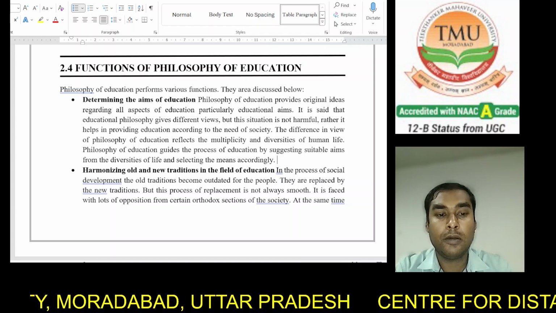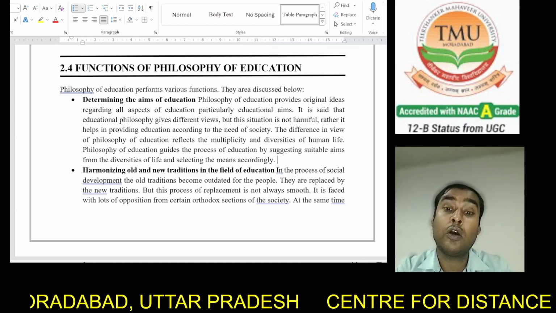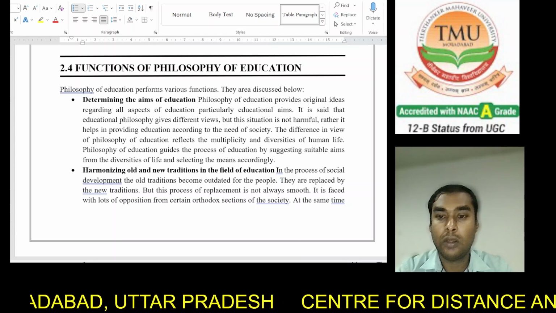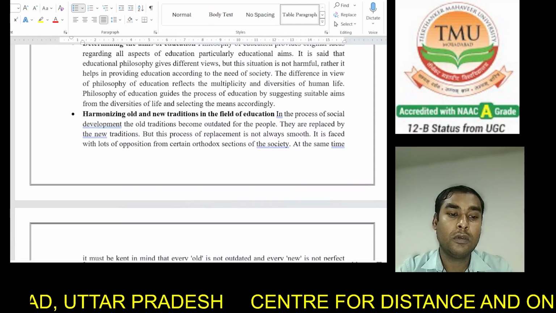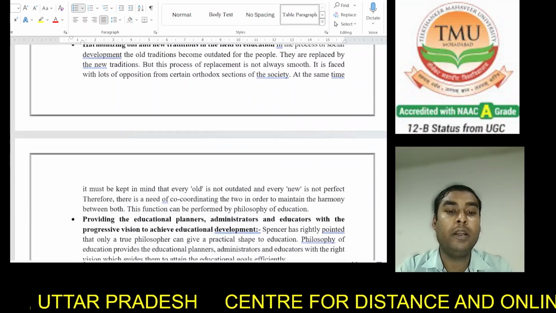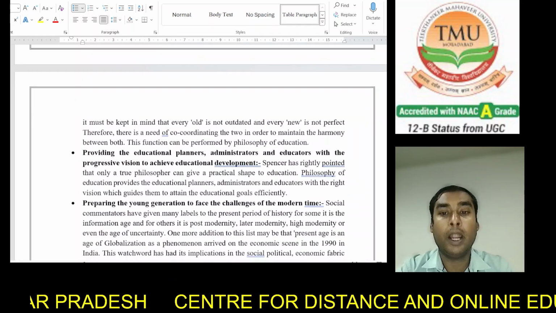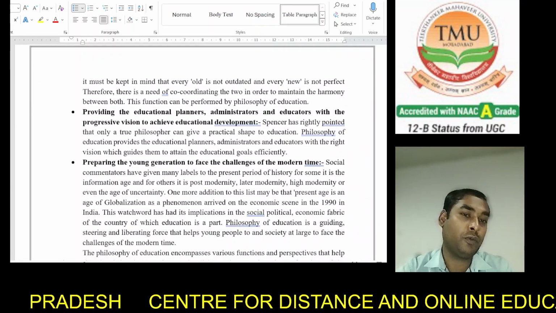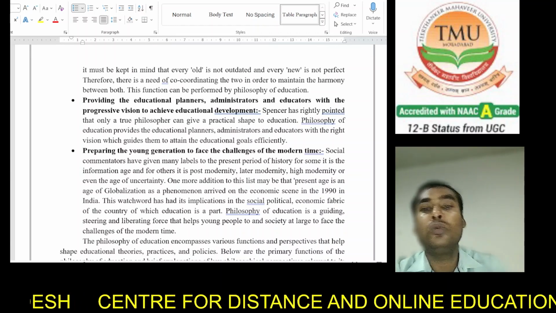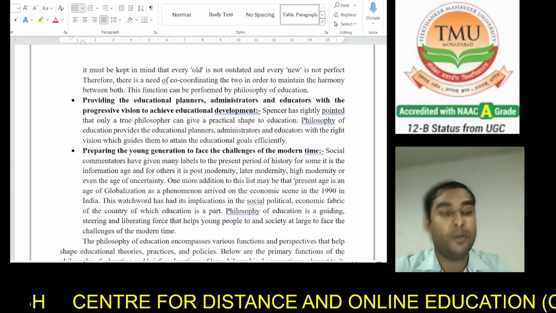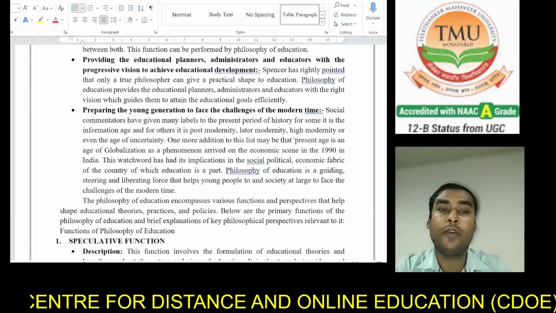It is faced with lots of opposition from certain orthodox sections of the society. At the same time, it must be kept in mind that every old is not outdated and every new is not perfect. Therefore, there is a need of coordinating the two in order to maintain the harmony between both. This function can be performed by philosophy of education.